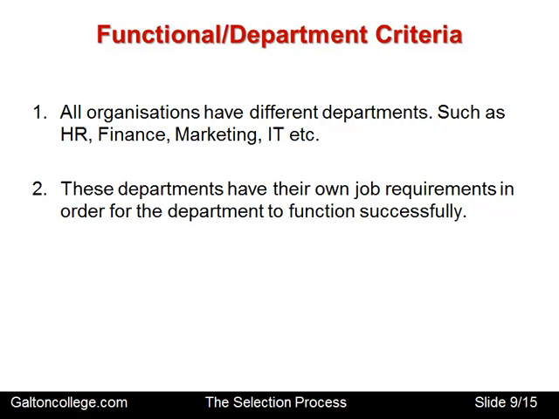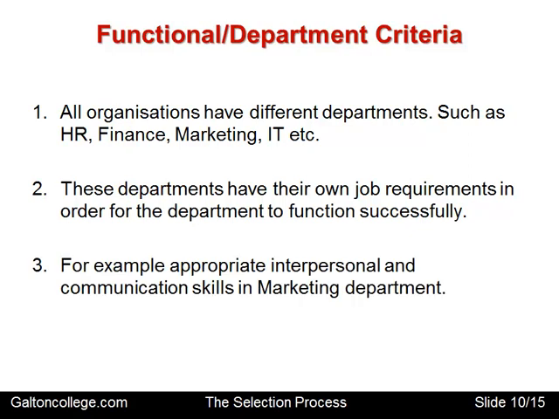And the selection process will be looking for individuals that the company thinks will be most suited to fit into that environment and work with them. So, for example, appropriate interpersonal and communication skills will be required in the marketing department.